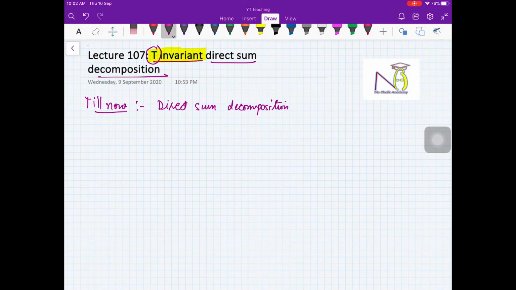So the idea is, let V be a vector space and let T from V to V be a linear transformation.